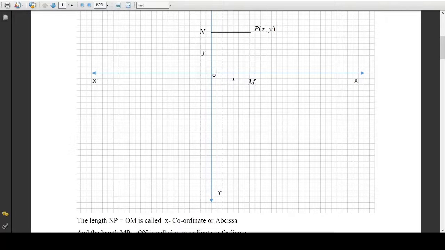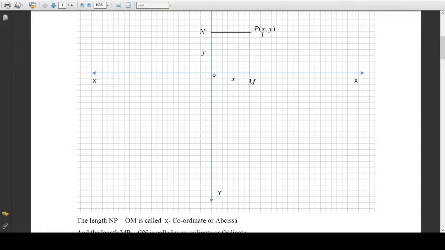The length of O up to M, which is equal to N up to P, is called the abscissa, and the length of ON, which is equal to MP or PM, is the y coordinate or simply the ordinate. This is the abscissa and this is the ordinate.